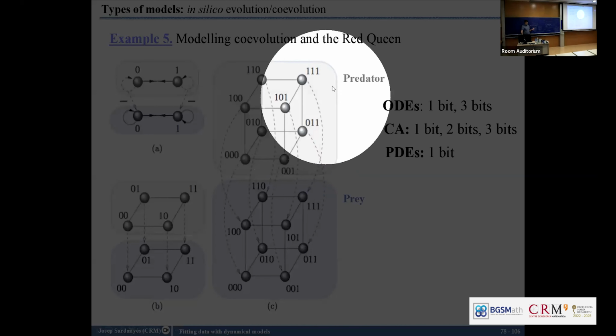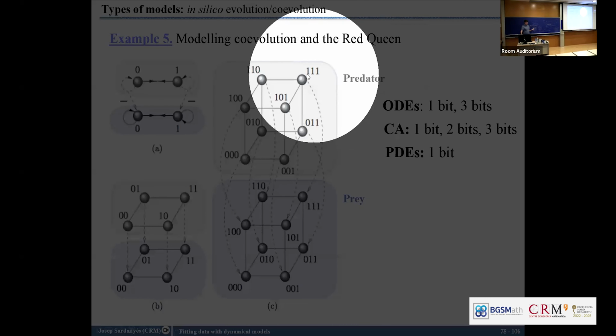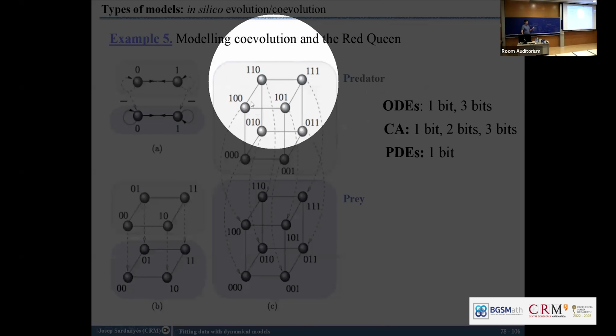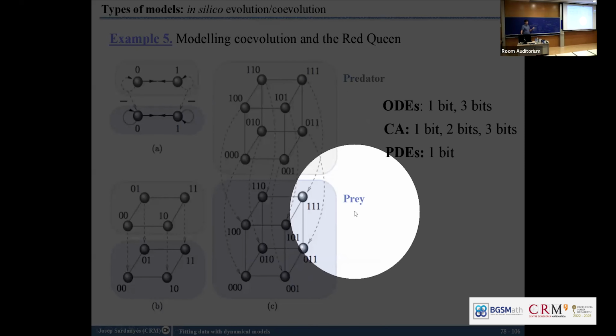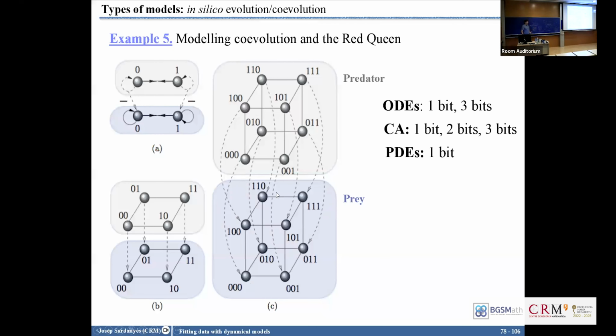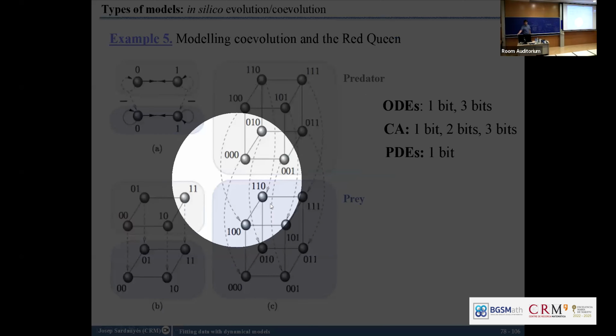This is a prey-predator system, in which I have 8 different predators with 8 different genotypes that predate on preys with 3 bits. This is a very fundamental study, and what we did is that we have this system for 1 bit here, 2 bits here, and 3 bits here.